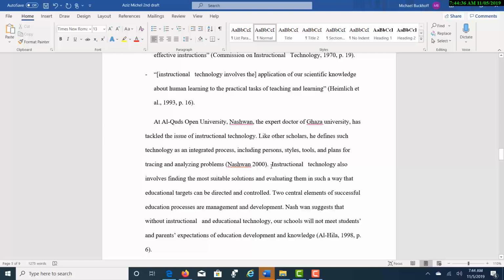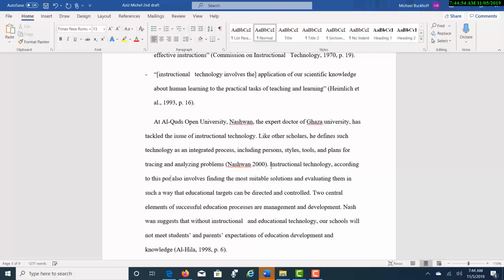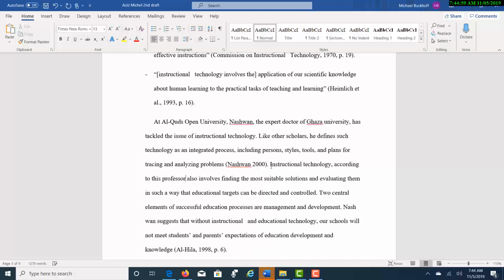Instructional technology, you might put this in, according to this professor, also involves finding the most suitable solutions and evaluating them in such a way that educational targets can be directed and controlled.